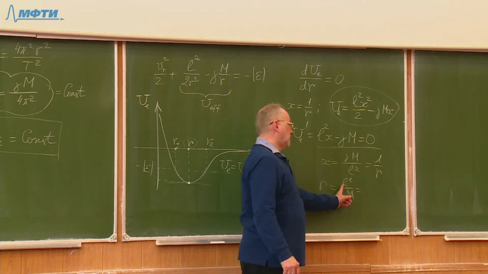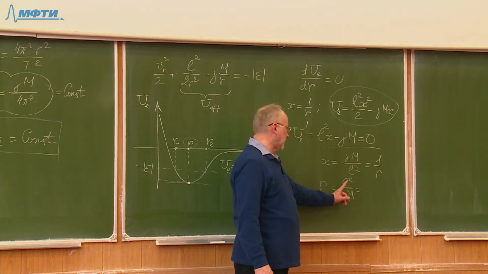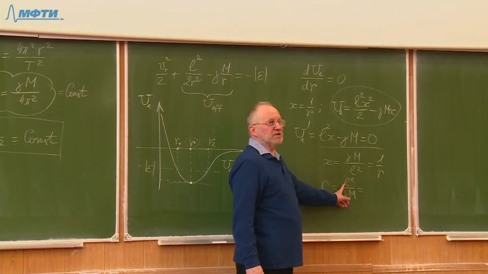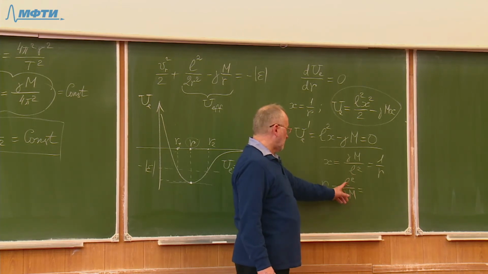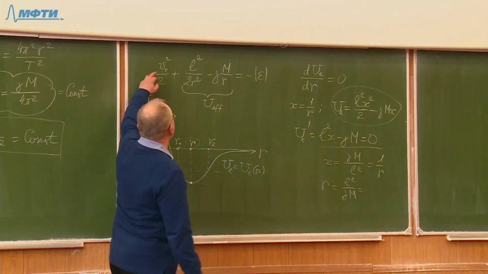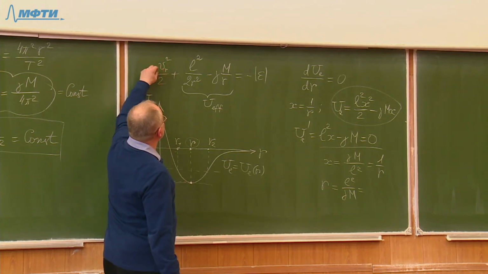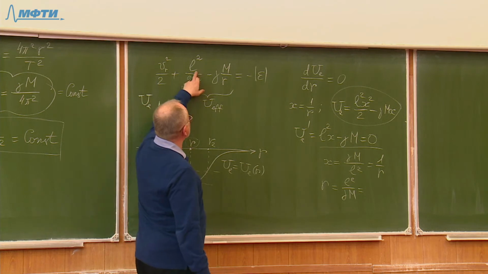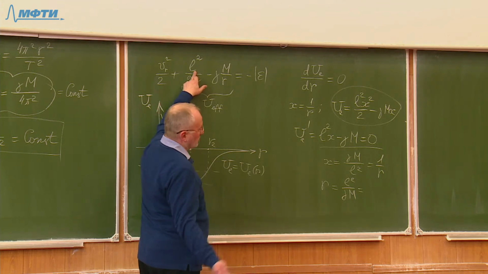What is L? It's the angular momentum per unit mass. So this is the angular momentum of the planet divided by mass. Angular momentum is radius times m v. But in this particular case, when we find the angular momentum, we don't have to take into account the radial component of the velocity. The radial component, directed along the radius, is taken into account here by the first term. And the second term takes into account, as you remember from the last lecture, only the tangential component of the velocity.